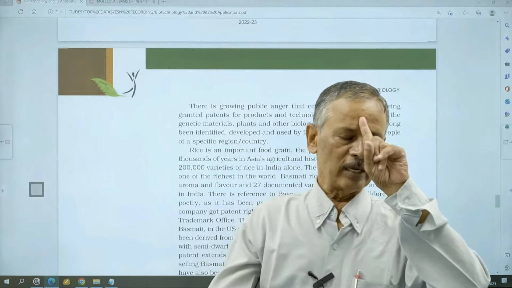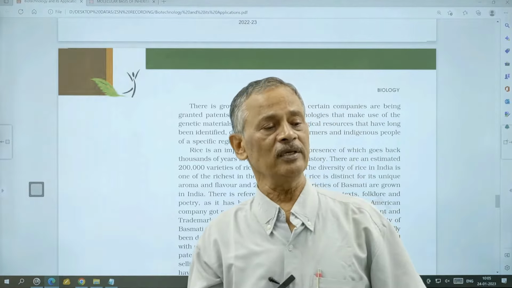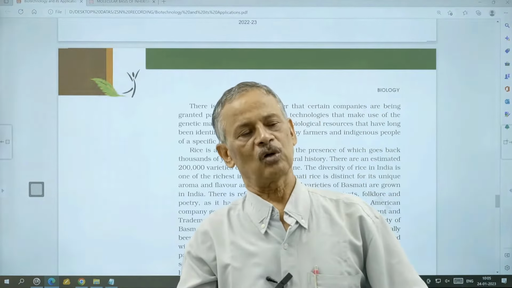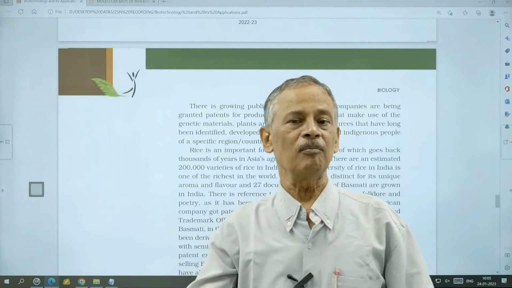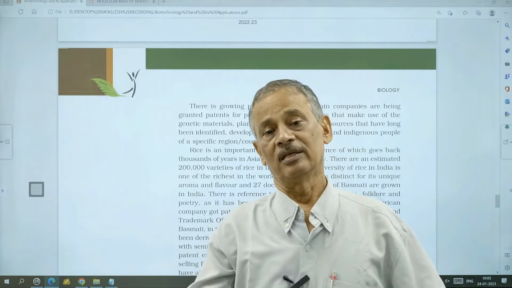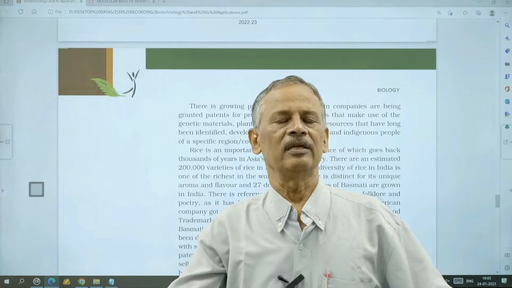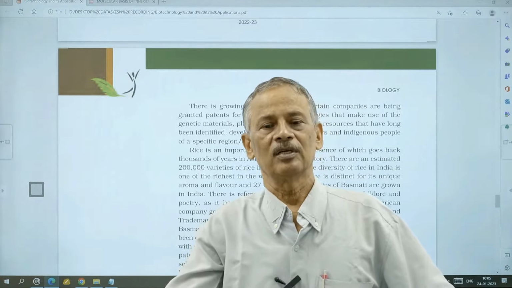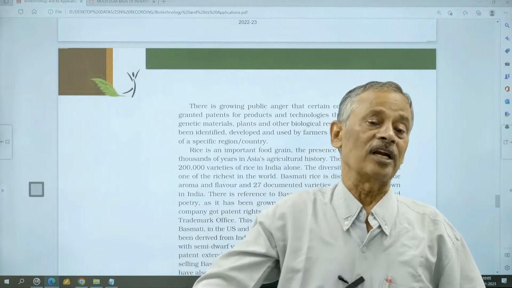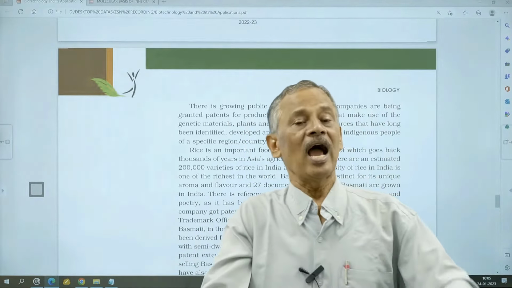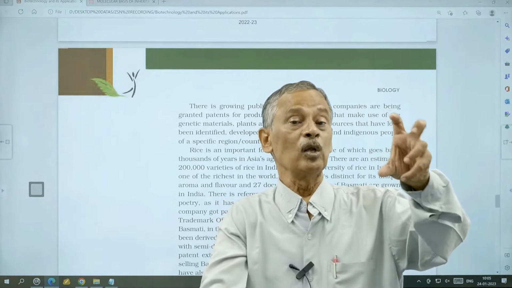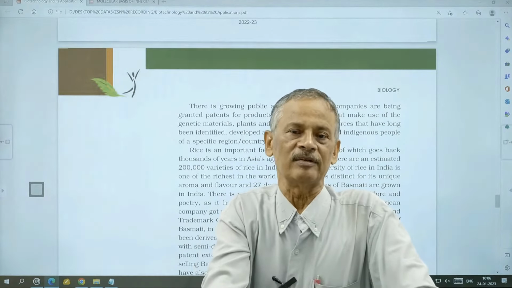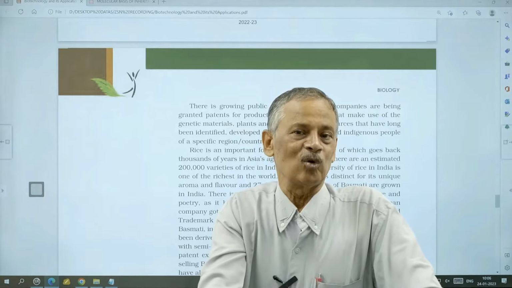It should be only with the authorization of the government, or with the knowledge of the government and the people of that part of the world. But many companies are doing this unethically, clandestinely. By secret methods, they are taking away our genetic resources, our traditional knowledge and biodiversity, and after their research, they produce and market the same thing, saying that it is their invention. That is what is called biopiracy.